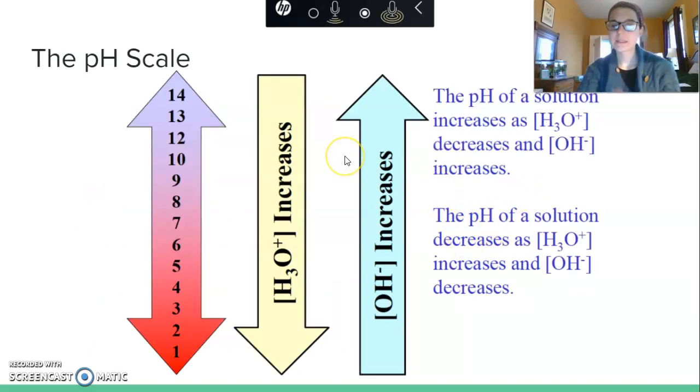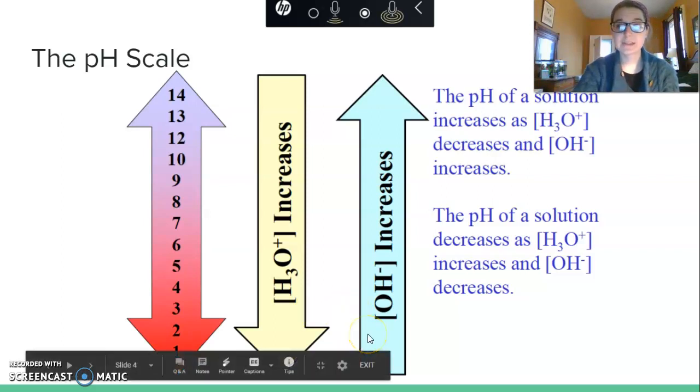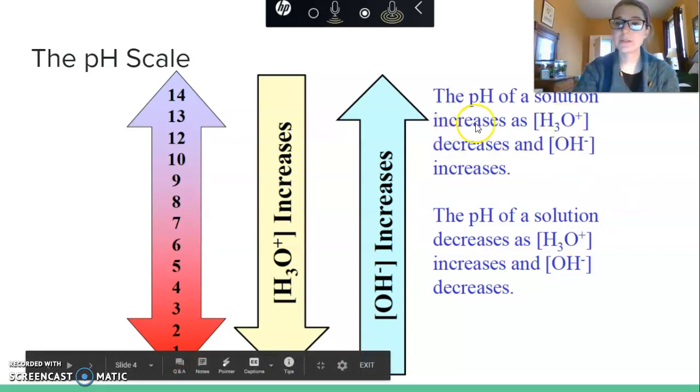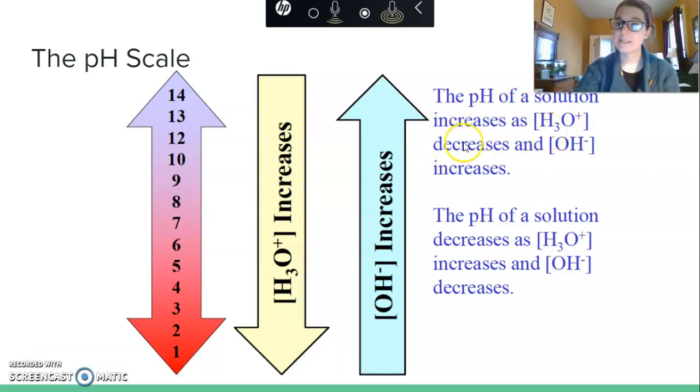So, since Kw is a constant, if we were to increase the concentration of H3O+, then the concentration of OH- would have to decrease in order to balance out, because to equal the constant, if you raise one variable, the other one would lower. So the pH of a solution increases as the concentration of hydronium ions decreases.